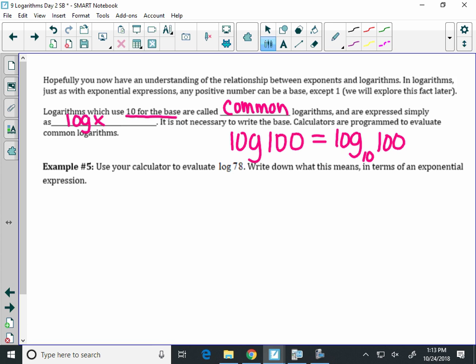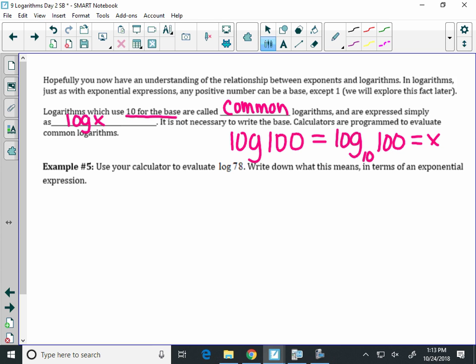Which, if you're thinking about what a logarithm is, it's asking you for an exponent. So it's 10 to what power gives you 100. And we'll spend more time with this as we go. But remember, a logarithm gives you an exponent.